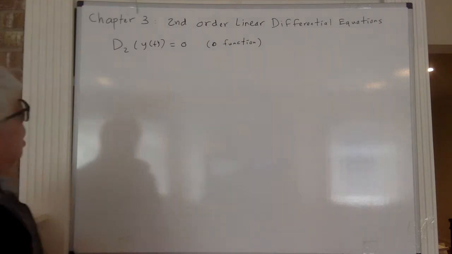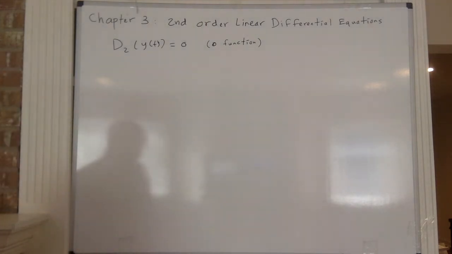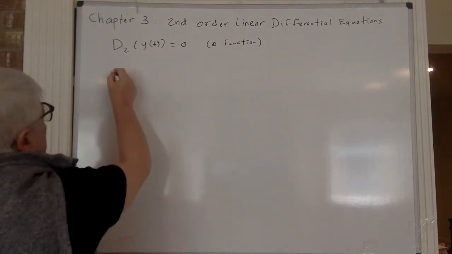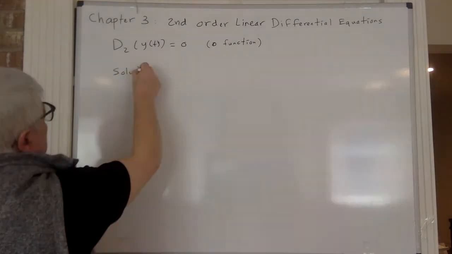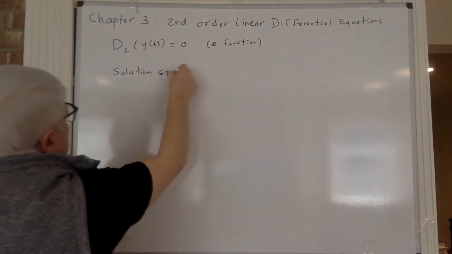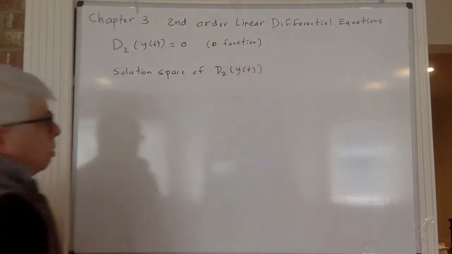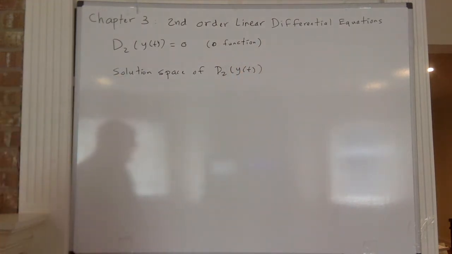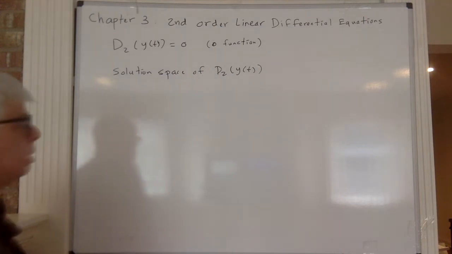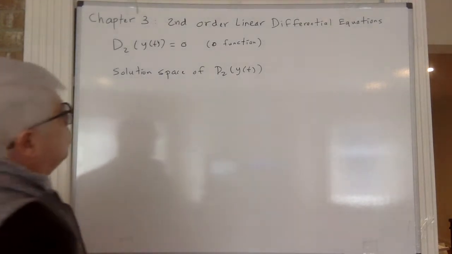First of all, as a linear operator, this gives me the solution space of D2 y(t), which is a subspace of the space that D2 is applied to. Well, we can take the space of all functions that are infinitely differentiable and things like that, but let's assume that it is some kind of function space that it is applied to.